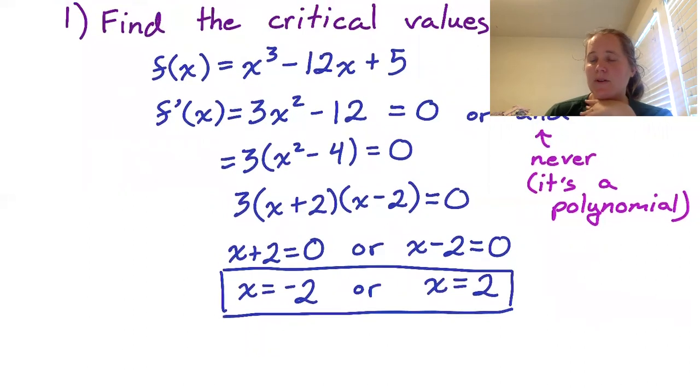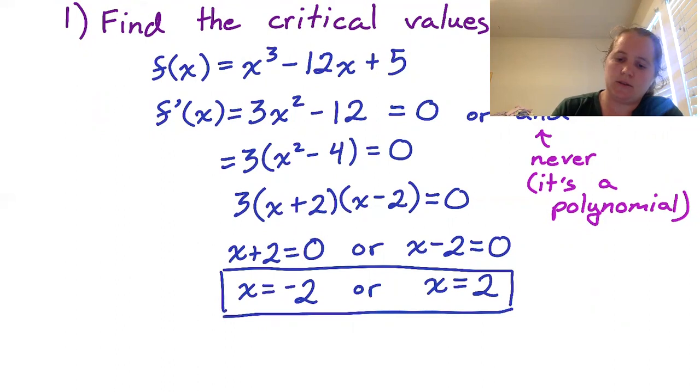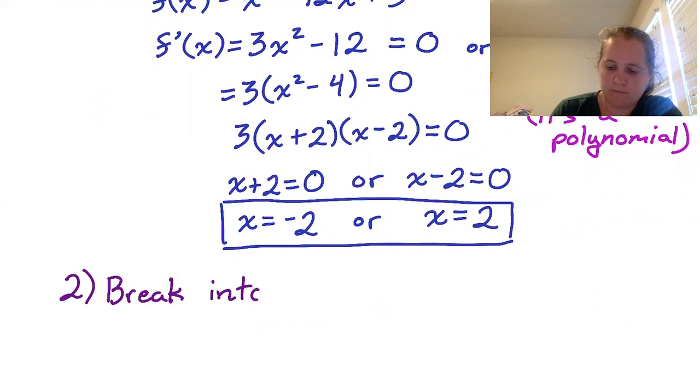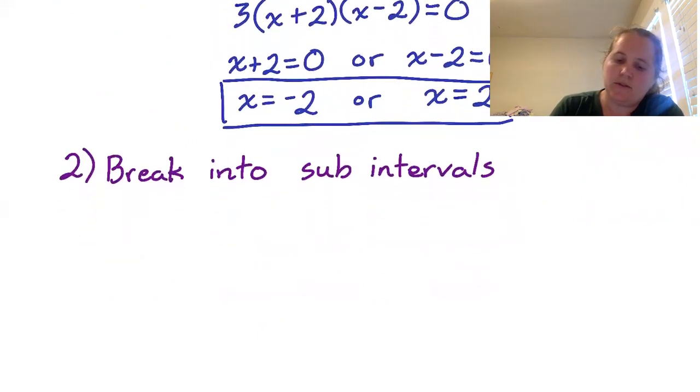The next thing we want to do is break our domain up into subintervals at the critical values. And so what I typically do is just draw a number line.